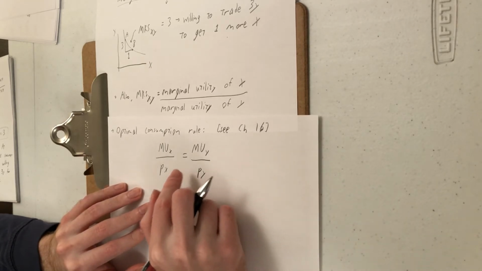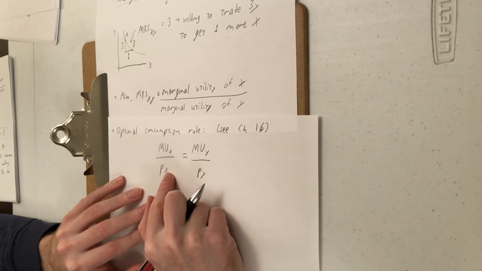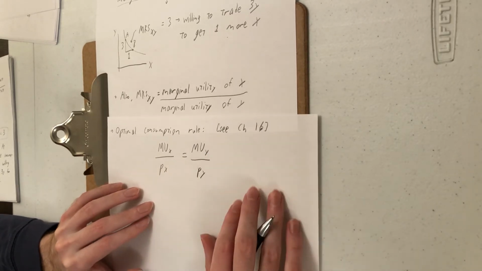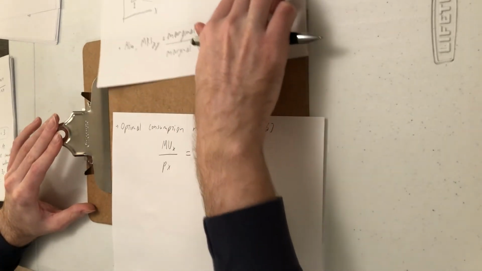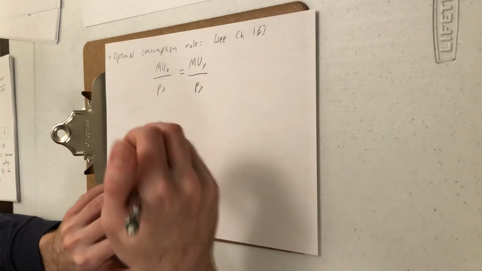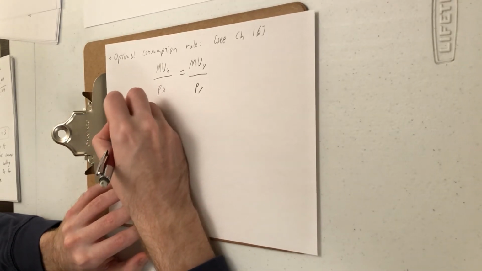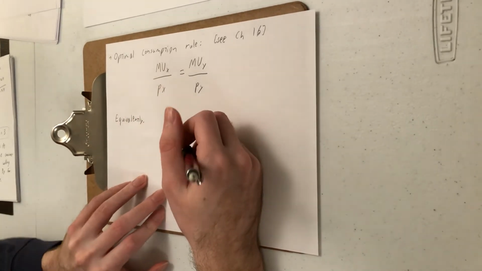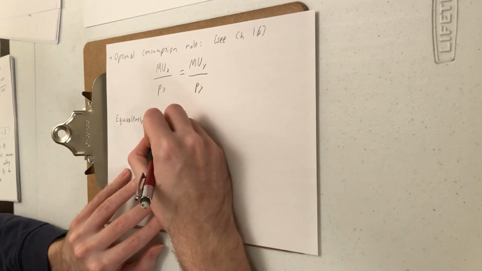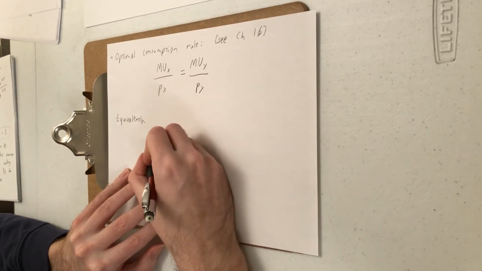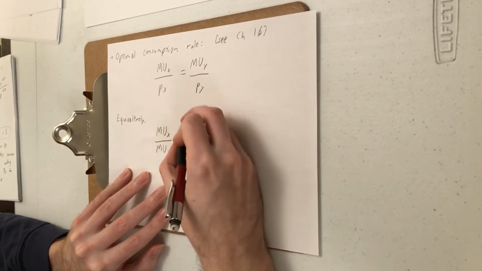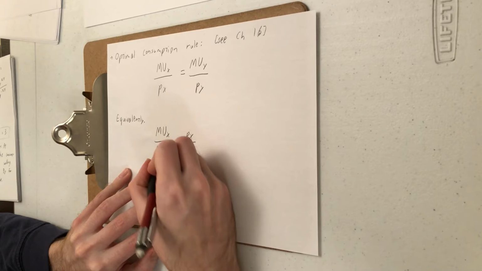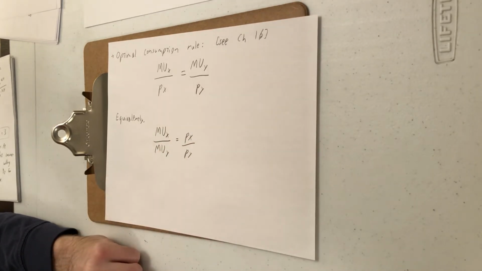So you could multiply both sides by PX and then divide both sides by MUY. And you get this: the marginal utility ratio was equal to the price ratio.